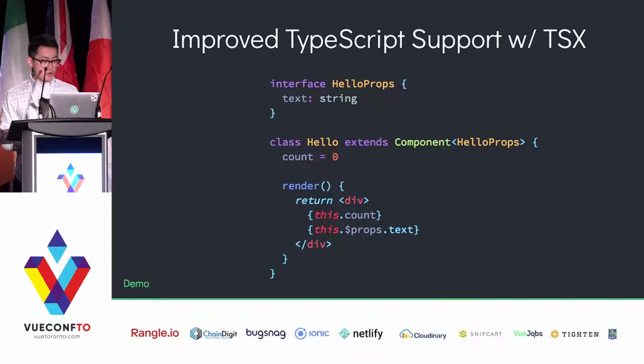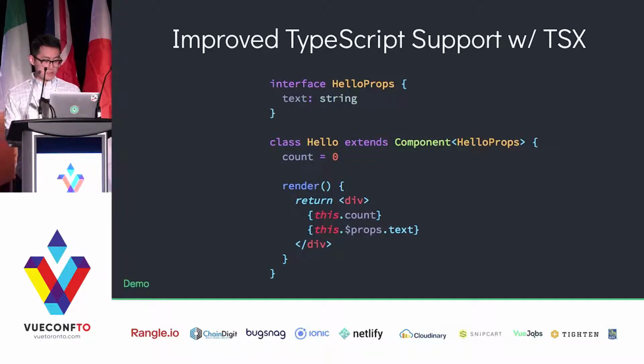And more importantly, because this hello is defined as a component which has its props definition, when you use it elsewhere in a parent component and you say text hello world, if I change it to a number, I actually get an error saying number is not assignable to type string because this component expects text to be a string.